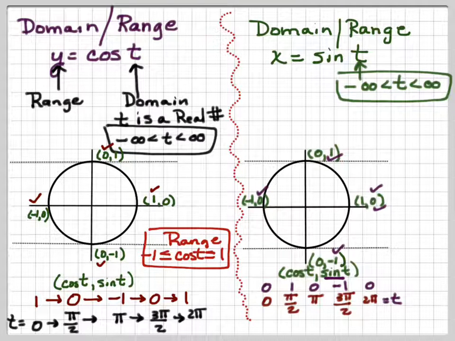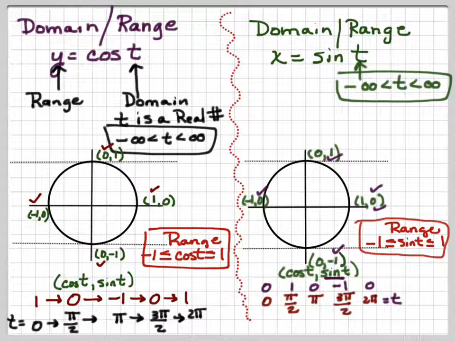So when t goes from 0 to pi over 2 to pi, 3 pi over 2 to 2 pi, what is happening to the sine of t? Well, it goes from a minimum of negative 1 to a maximum of 1. So the range, once again, is negative 1 is less than or equal to sine of t is less than or equal to 1.